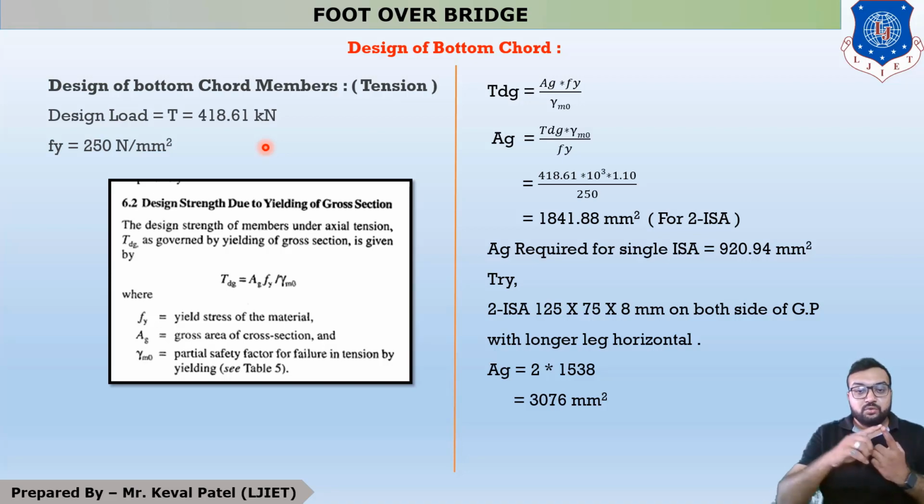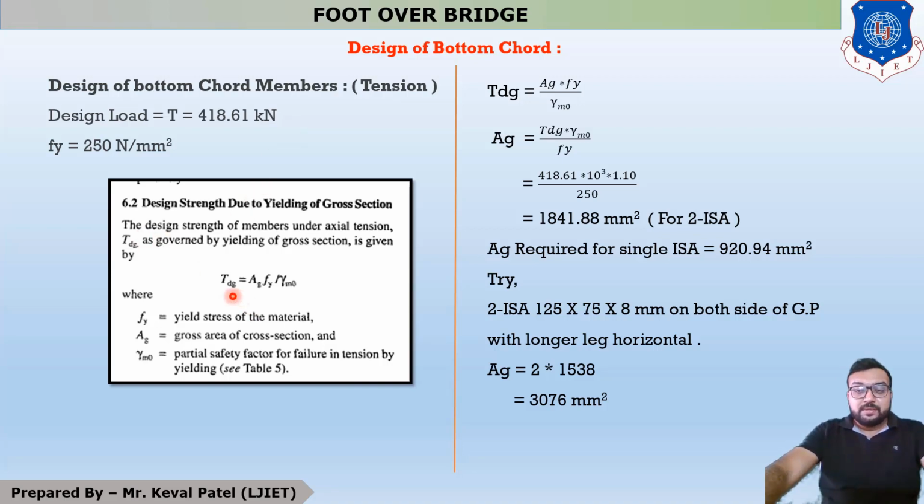Okay, so first of all you have to find out this maximum load. This maximum load is considered as your design load. So your first step is to check how much area is required to sustain this maximum load. It means you have to provide some area more than the required area.